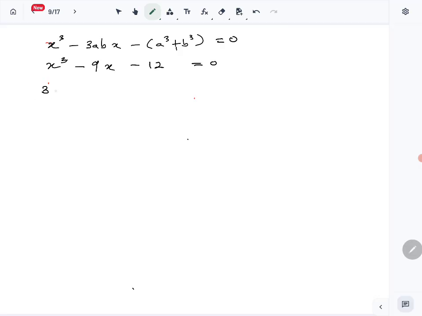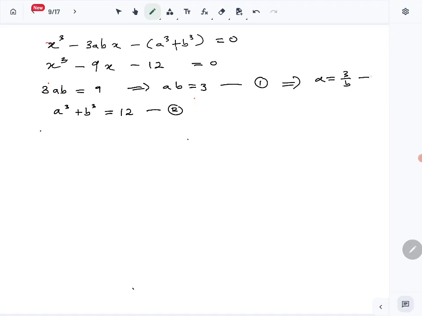So then 3ab equals 9, so that gives ab is equal to 3, and that is equation 1. And the other one is a cube plus b cube has to be 12. So let me use from 1, I can get what? a equals 3 over b.